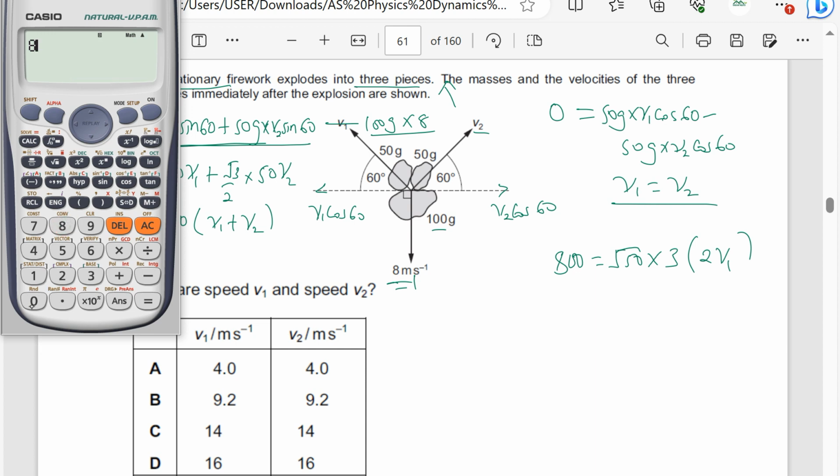So this is going to be 800 divided by open brackets 2 times 3, that is 6 root 50.